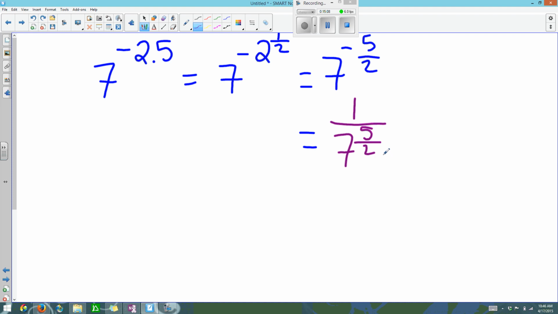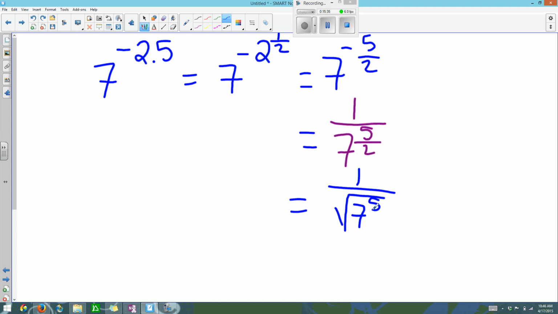But I can simplify 7 raised to the 5 halves even more. What's a way I could do that that we've seen before? Well, something similar to that, but I can also do this. I could rewrite it so that I'm taking the square root of 7 to the 5th, right?